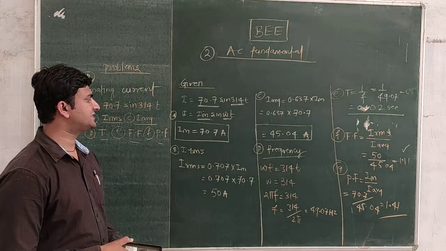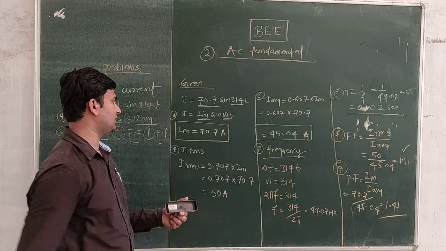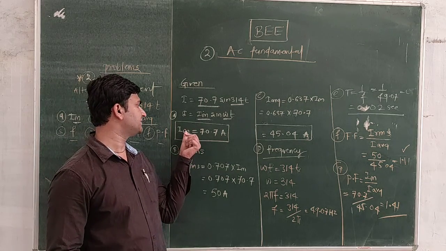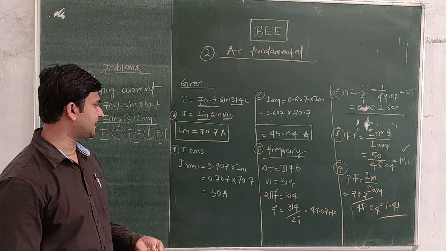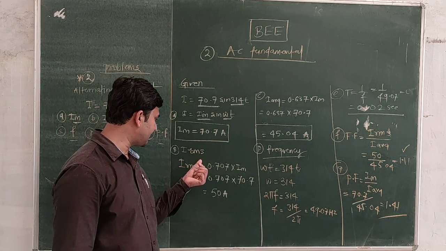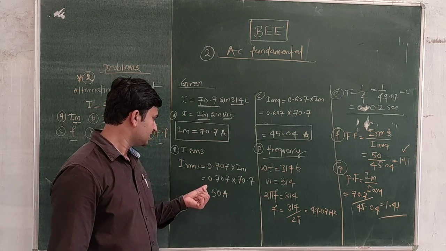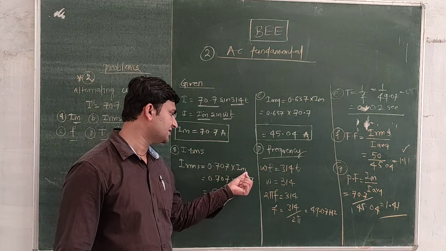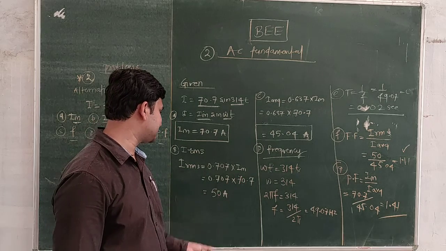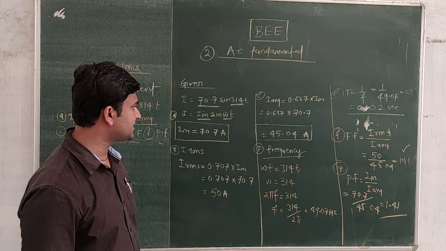So once again, let us review. First we found the maximum value of the current, 70.7 ampere, by comparing with the standard expression. Later we found the RMS value using the formula 0.707 multiplied by the maximum value, so the answer is 50.